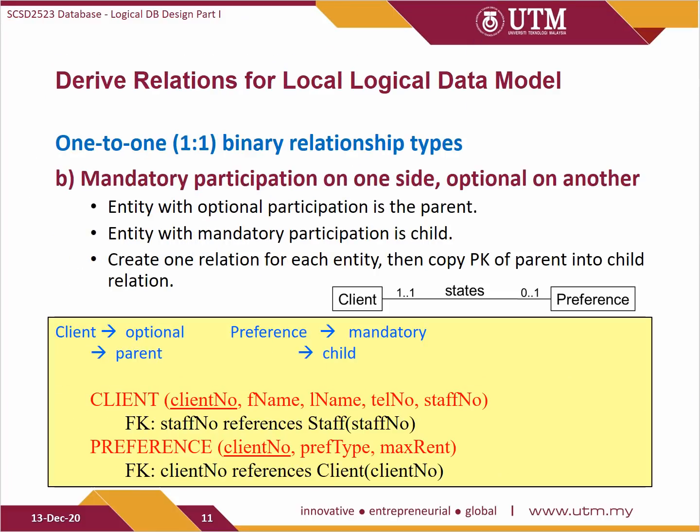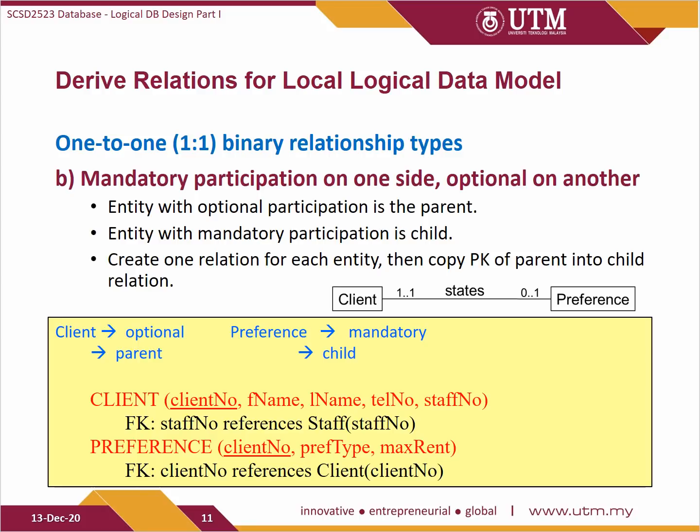Okay, next is about the mandatory participation on one side and optional on another. In this case, we are able to identify the parent and child entities for the one-to-one relationship using the participation constraints.